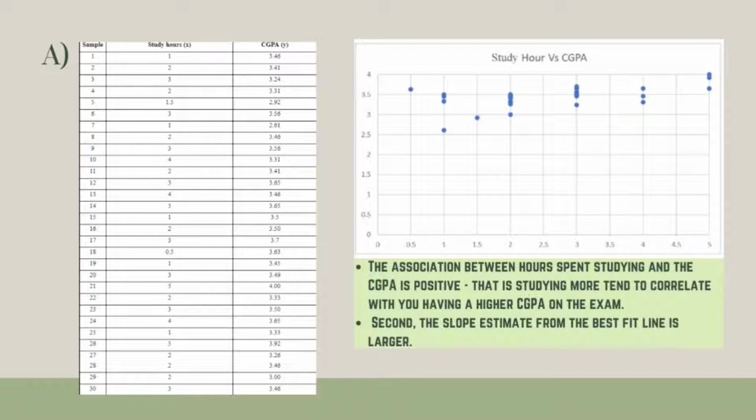From the scatter plot, we could say that the association between hours spent studying and the CGPA is positive. That means studying more tends to correlate with having a higher CGPA. And second, the slope estimate from the best fit line is positive. Next, I would like to pass our presentation to our next group member.